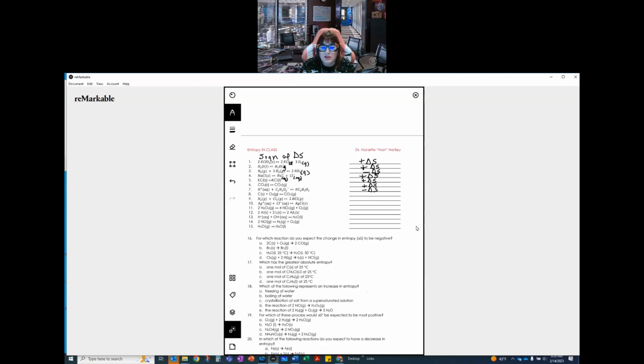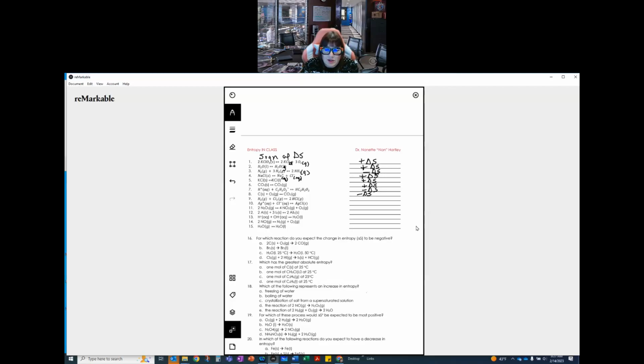When we talk about carbon plus O2 going to CO2, we've now gone 1, 1 in terms of gases. Okay, so there's nothing favorable in that. We've also gone from 2 particles to 1 particle, so that's not overly positive. I would expect this to be negative delta S, but a fairly small one.